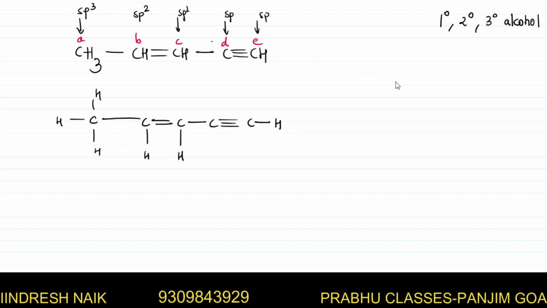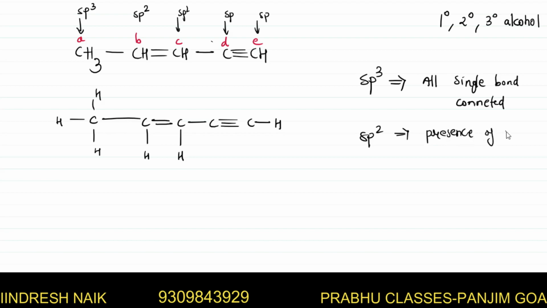So it is very simple to identify. sp3 means all single bonds connected. sp2 means at least a double bond, presence of a double bond.